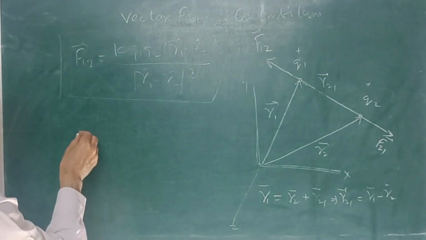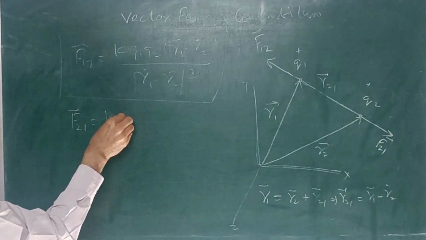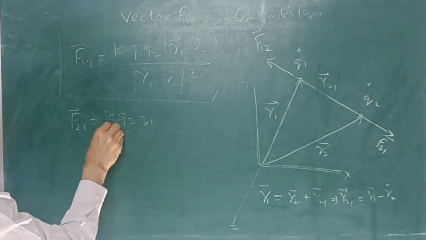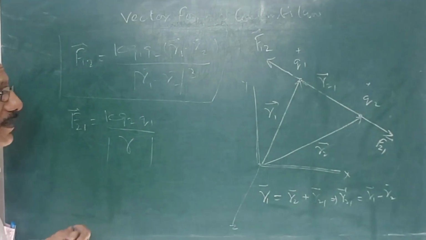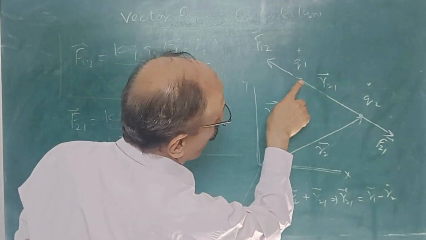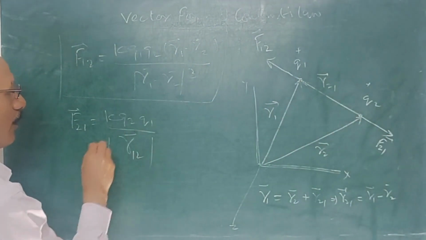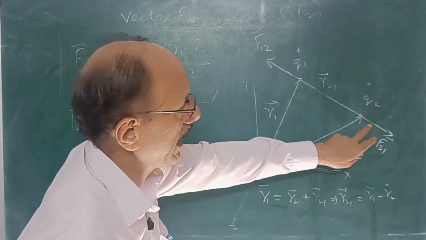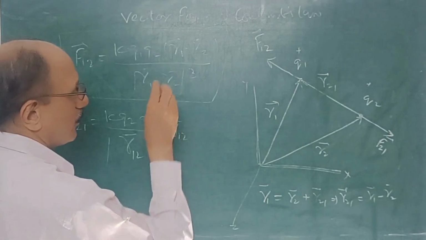So here we can again find the force on 2 due to 1 will be K Q2 Q1 upon the mod of the vector. Which vector? This time it is 1 to 2. So it is the 1 to 2 mod. And here you have to apply the unit vector, that is unit vector R12.